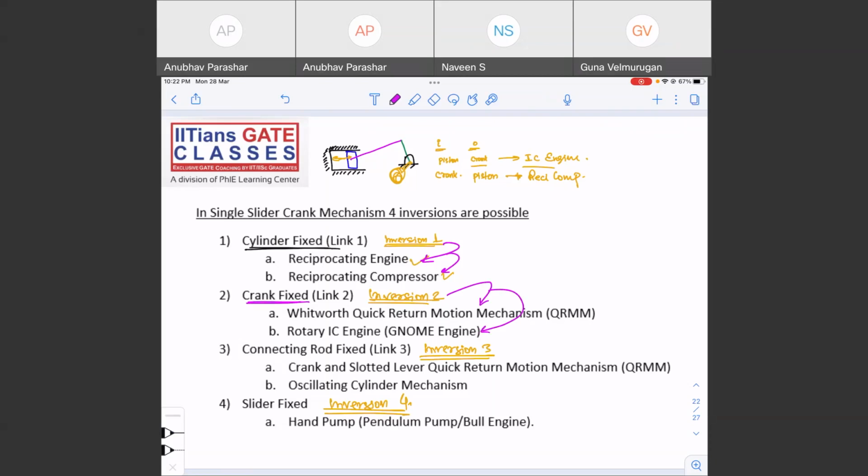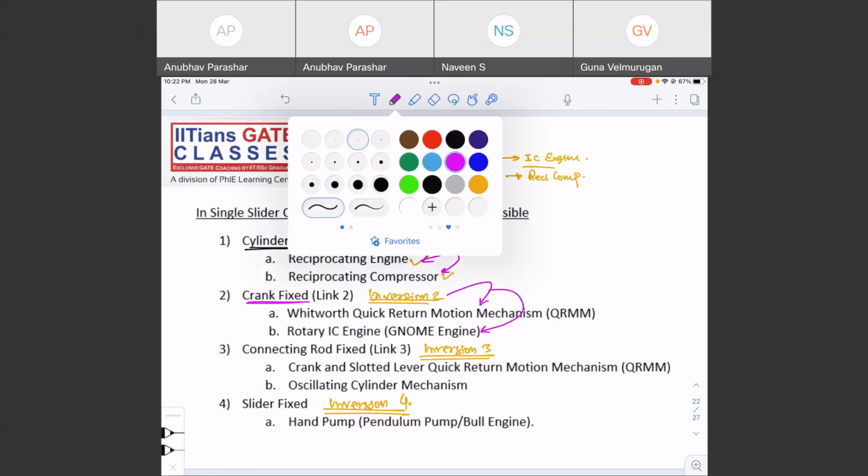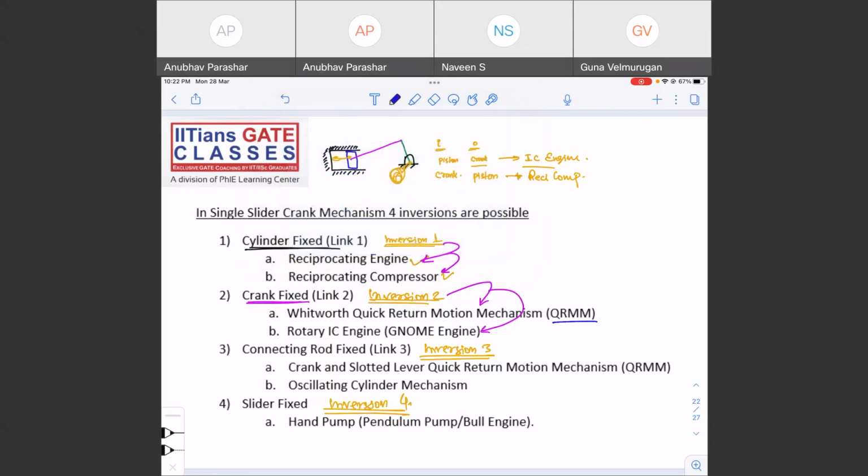Whitworth quick return motion mechanism, QRMM, is used in shaper, planer, slotter machines, in metal cutting and machine tools, right?